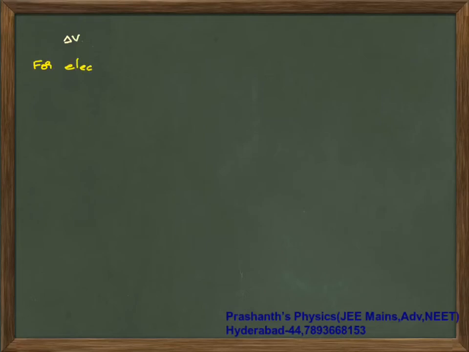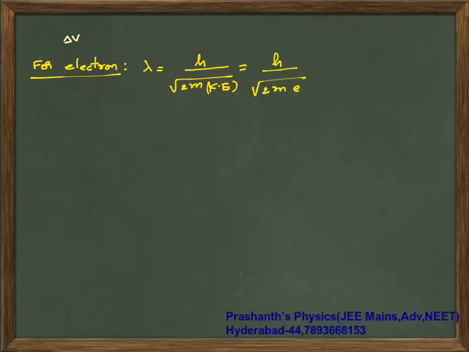Lambda is equal to h by under root 2m into kinetic energy. For a charged particle, what is your kinetic energy? It is charge times potential difference, or the accelerating potential that you are applying. In electrostatics, I have explained that delta K is charge times potential difference. We are replacing your kinetic energy with charge times potential difference. This you must have studied anyhow in your chemistry as well.